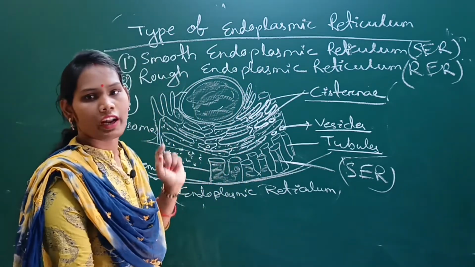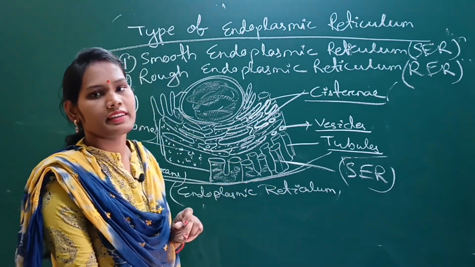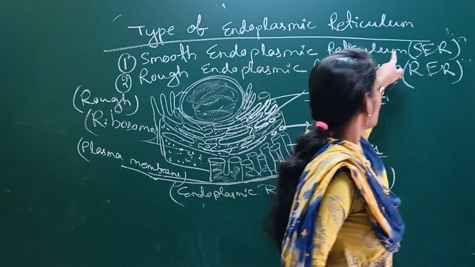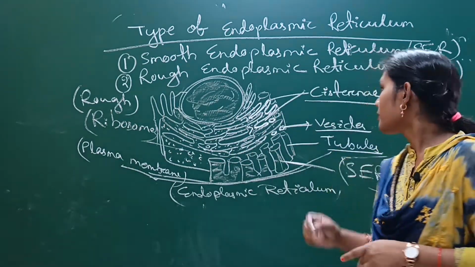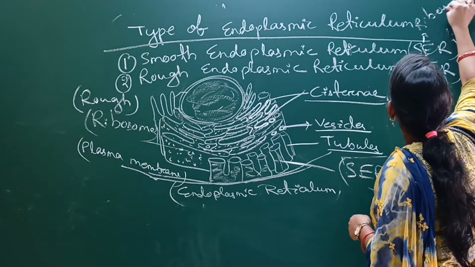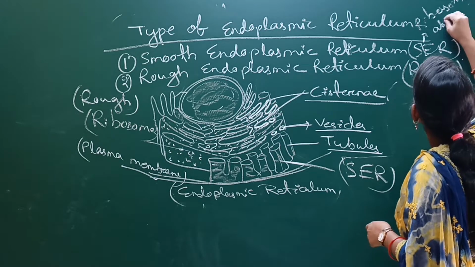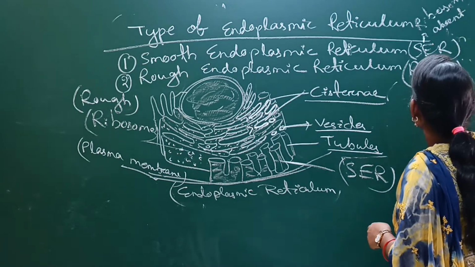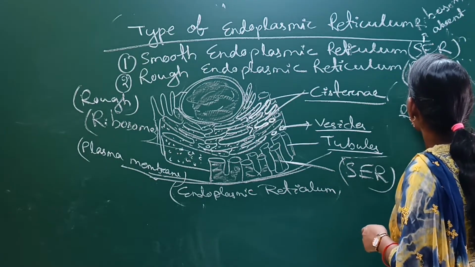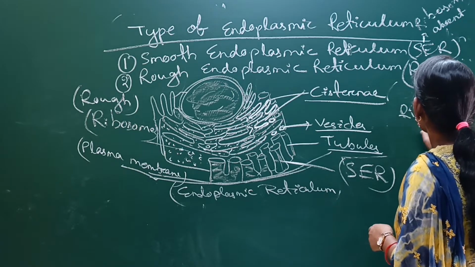If there is no ribosome, mainly in the tubule-like structures, then it is called smooth endoplasmic reticulum. Okay. So here ribosome is absent, and here ribosome is present.